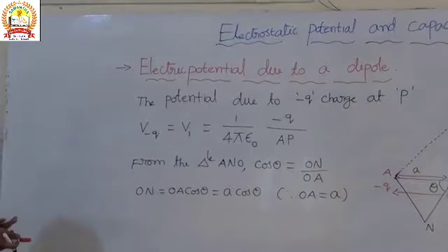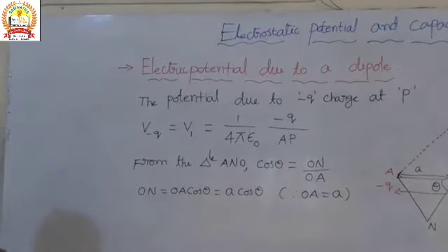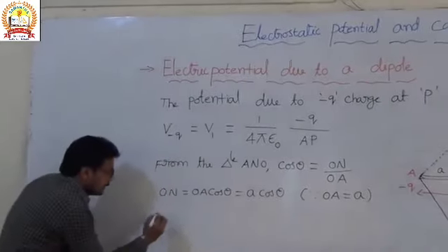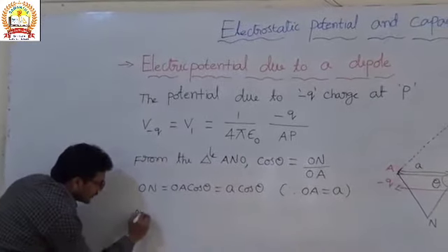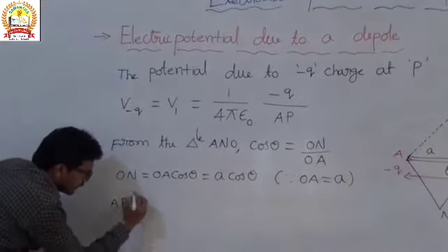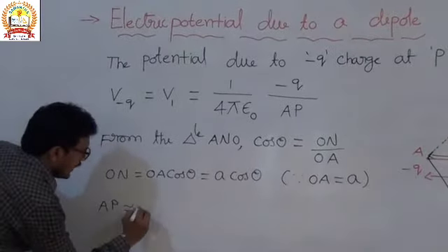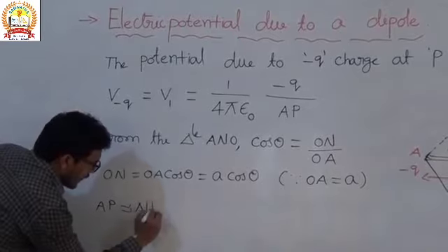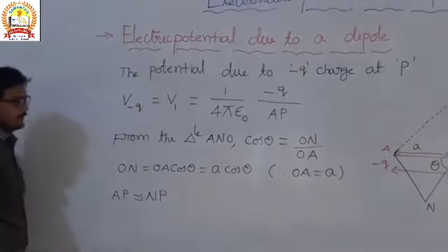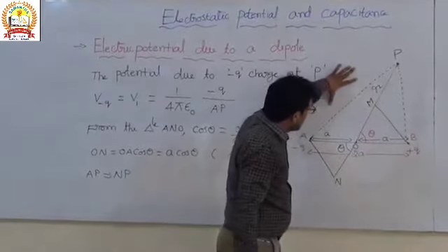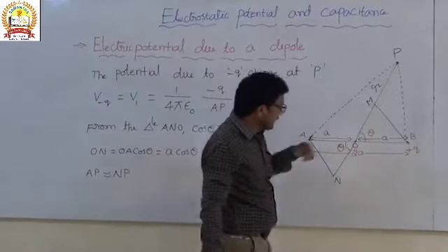But we want the distance from A to P. So here AP is approximately equal to NP.